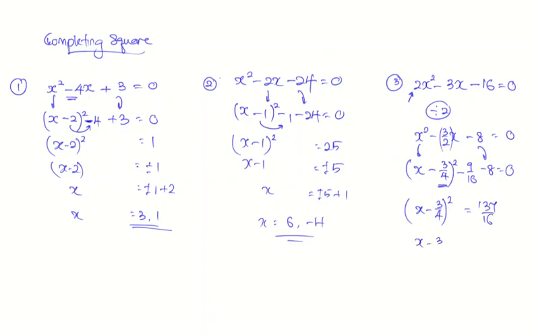So x minus 3 over 4 will be the square root of this, plus or minus square root 137 over 4. Now square root 137 is over positive 4. Then x equals plus minus square root 137 over 4 plus 3 over 4.